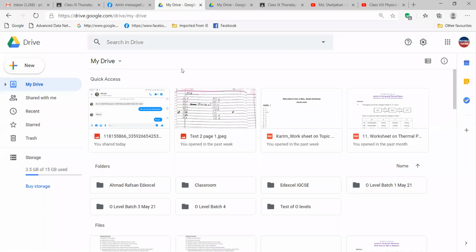So if you go in your book to page number 131, you go first, 131. So here you are getting the idea.